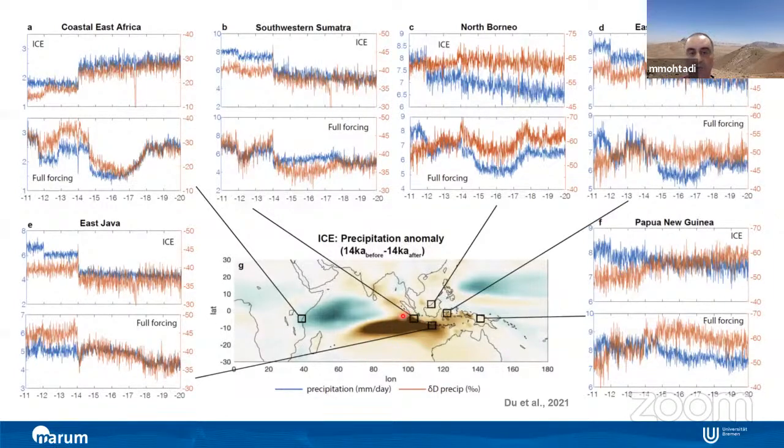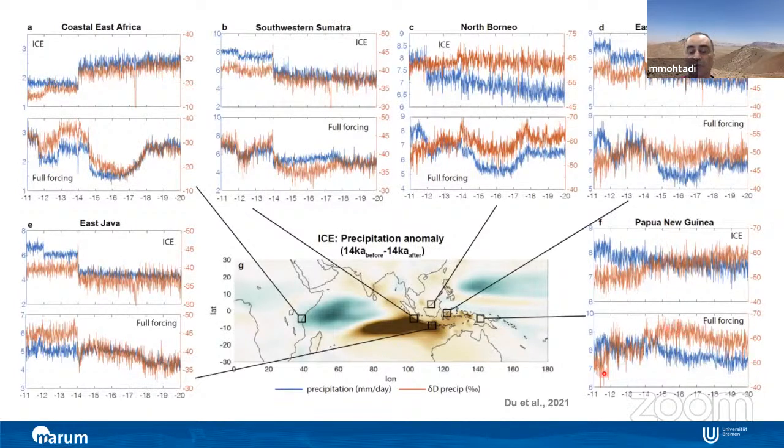Some sites, as we discussed before, like Sumatra and Java, show the same kind of change in the isotopic composition of rainfall and the amount of rainfall. So the sign of change is the same simply because probably the source of rainfall has not changed much on glacial interglacial timescales. But there are sites closer to the Sunda, to those large shelf areas like here, that show exactly the opposite sign of change.